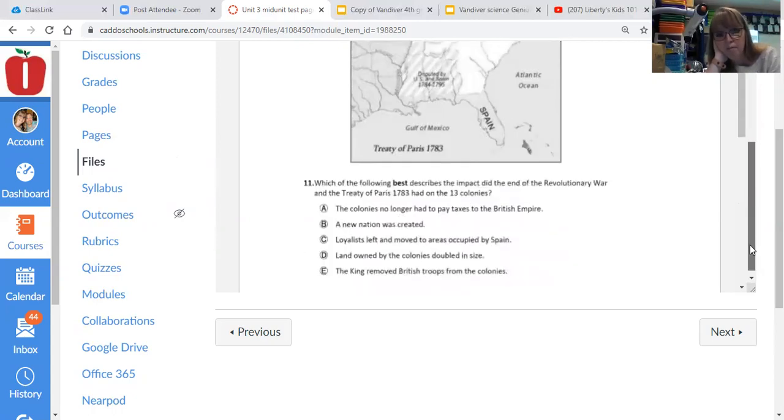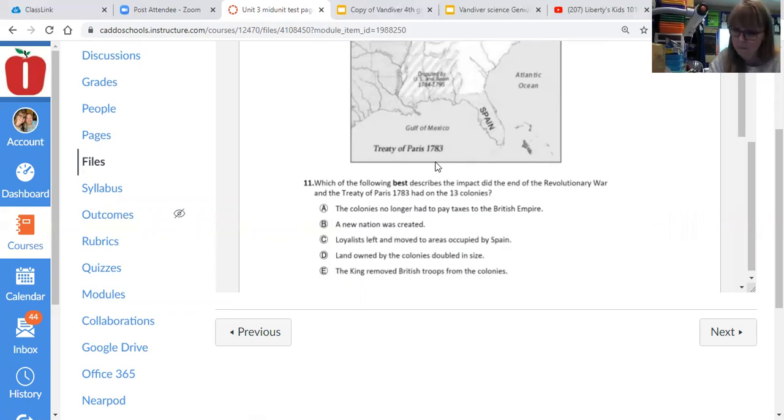Number 11 says, according to the Treaty of Paris, 1783, which of the following best describes the impact that the end of the Revolutionary War and the Treaty of Paris in 1783 had on the 13 colonies? A, the colonies no longer had to pay taxes to the British Empire. B, a new nation was created.